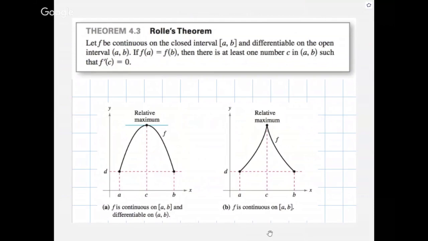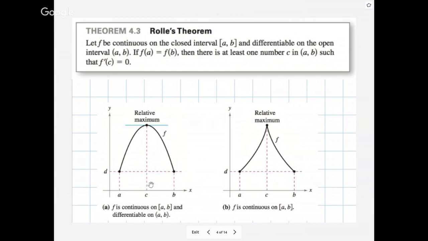Rolle's theorem: if you've got a continuous function on an interval from A to B, and it's differentiable everywhere from A to B, and if it starts at a point that's at equal height to the other, like you see here, we started at this height, we ended at this height in both cases, then there's got to be at least one point between these 2 endpoints where we have a horizontal tangent.